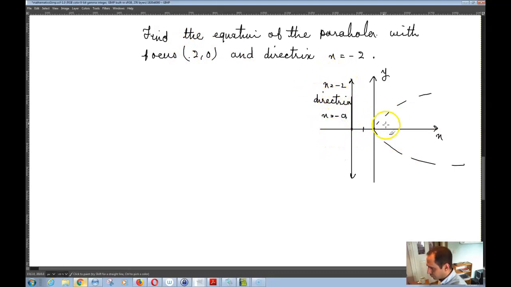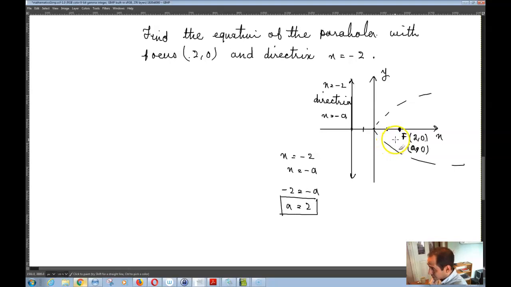So now you have x is equal to -2 and x is equal to -a. That means that -2 is equal to -a, so a is equal to 2. So your focus, which you can call F, has coordinates (2, 0), or basically (a, 0).